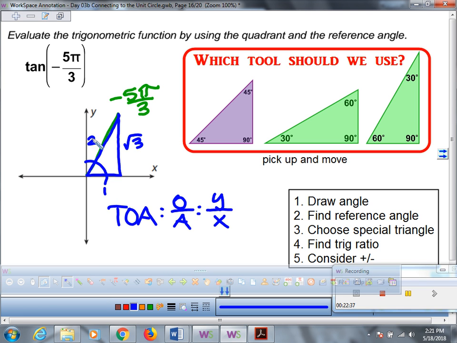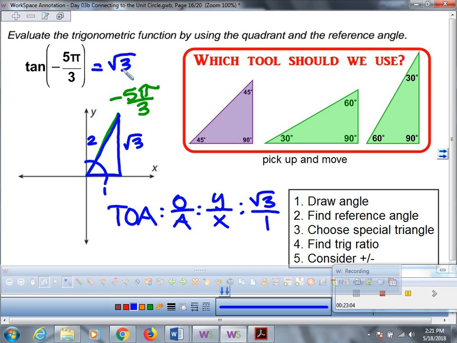Either way you can look at it. My y is root 3, and my x is 1. Or my opposite's root 3, and my adjacent is 1. So this is root 3. That's the answer. It's just like yesterday. Same thing.